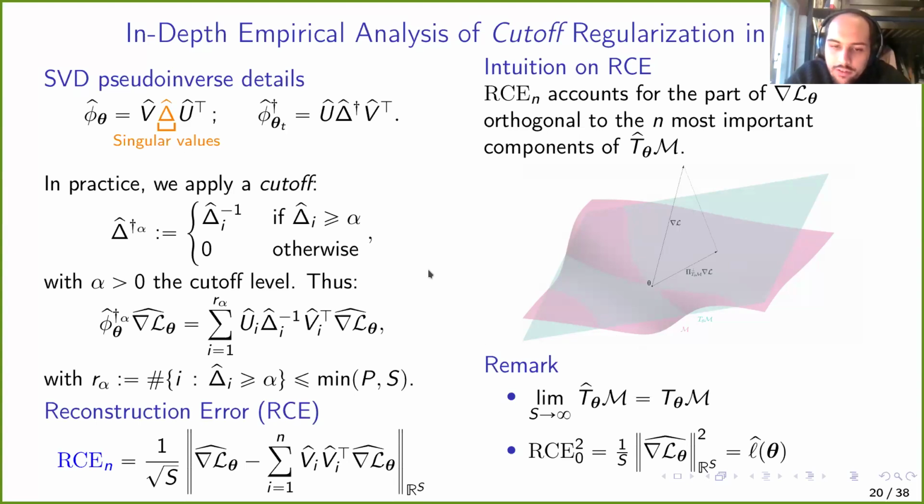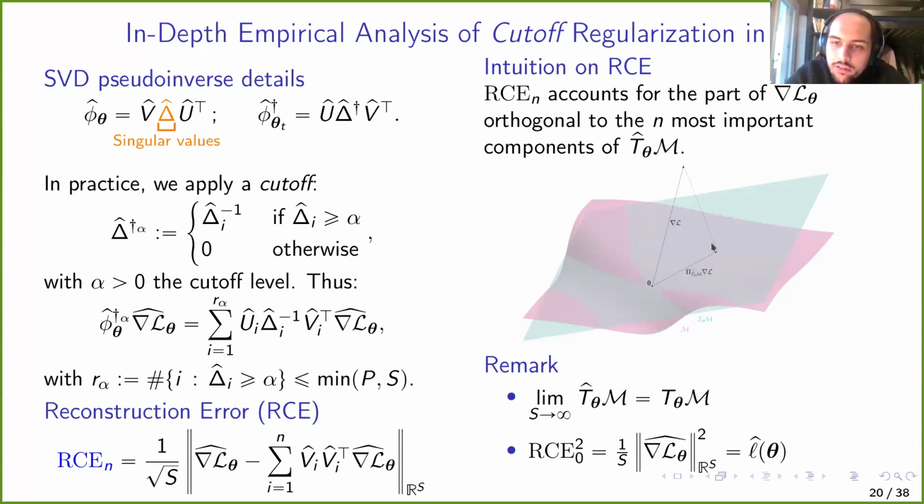The SVD gives us the most important directions in the tangent space, and when we apply the cutoff, we keep only those R alpha most important directions. The RCE measures the orthogonal part of the signal, the orthogonal projection of nabla L onto the space orthogonal to the R alpha most important components.